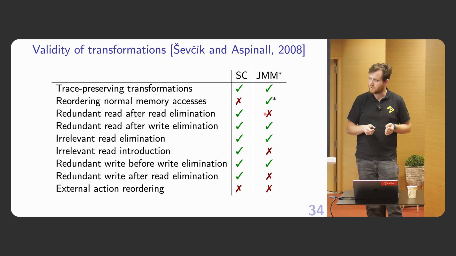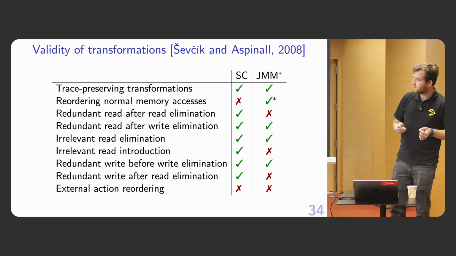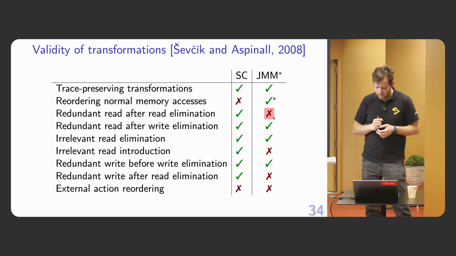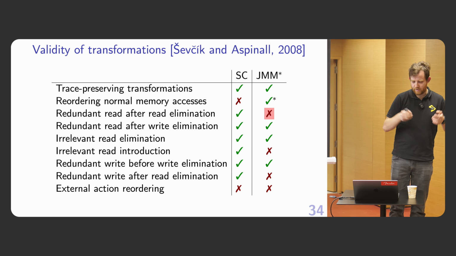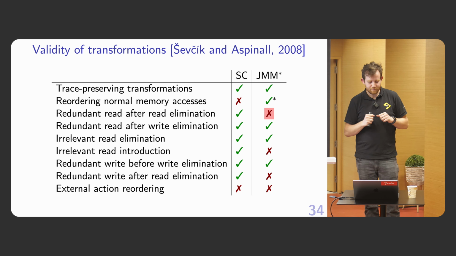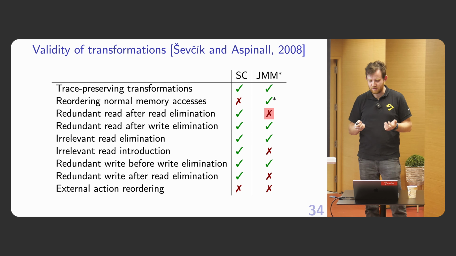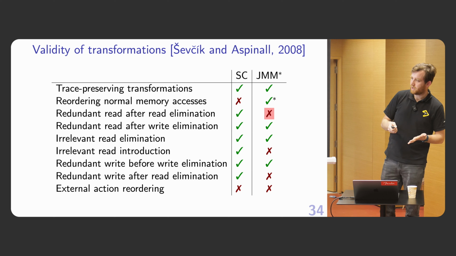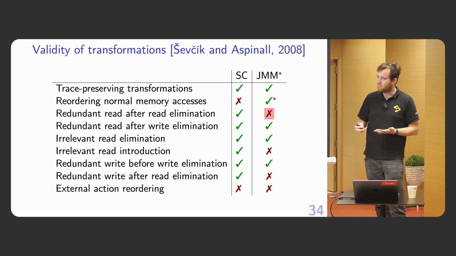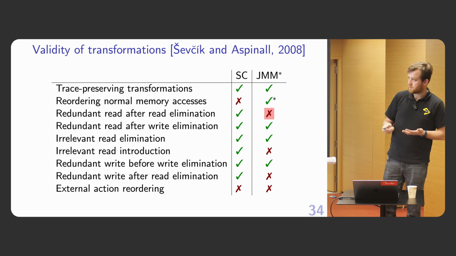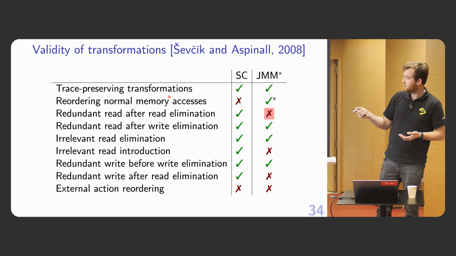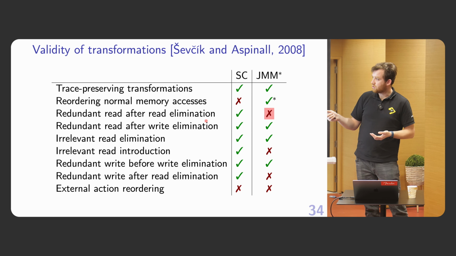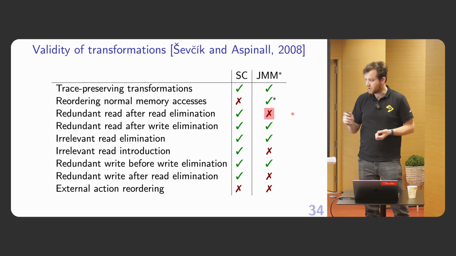Actually, I'm not sure what the state is currently, but this was a very important bug in the sense that the Java memory model specification disallowed the optimization, which was actually done by the main JVM implementation, HotSpot.